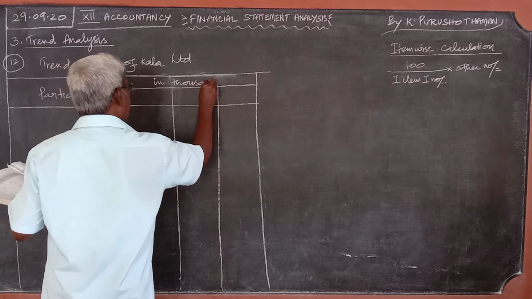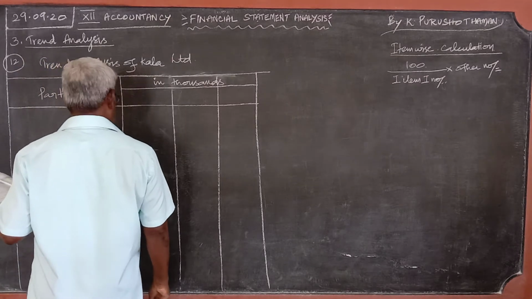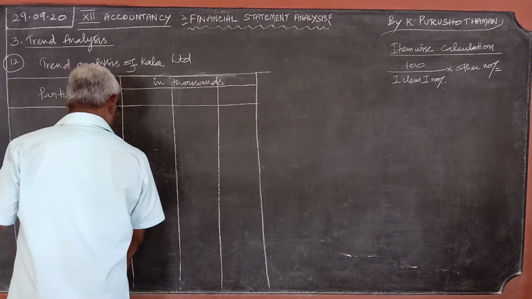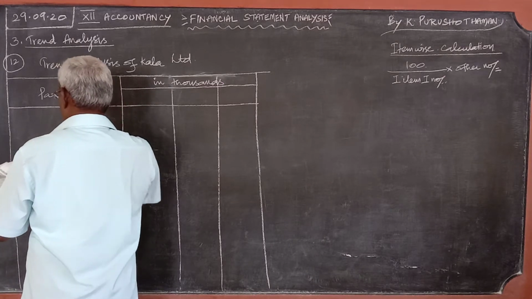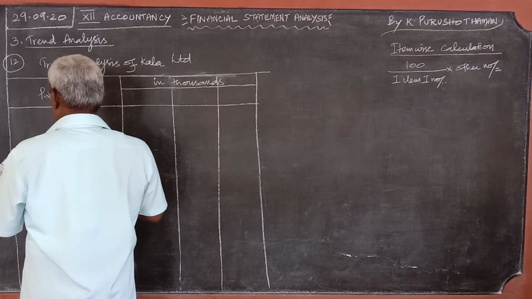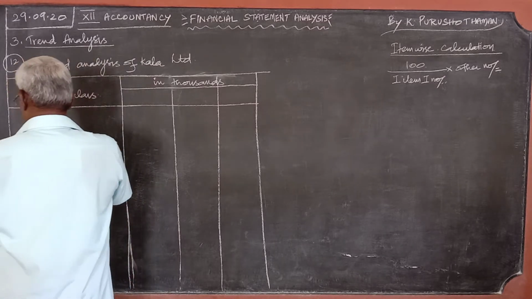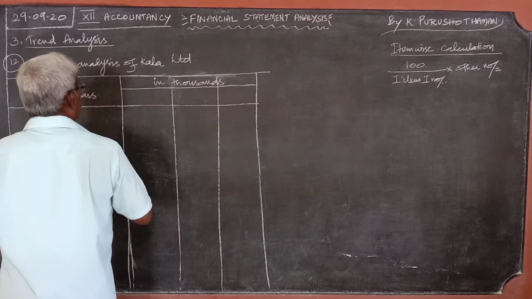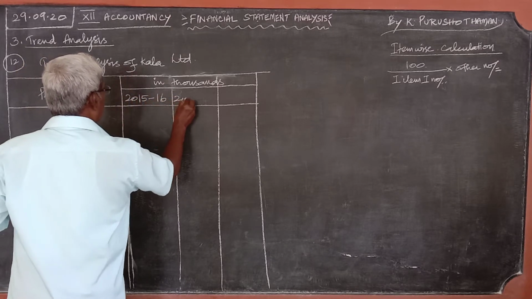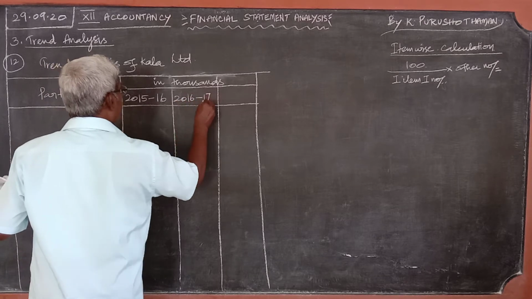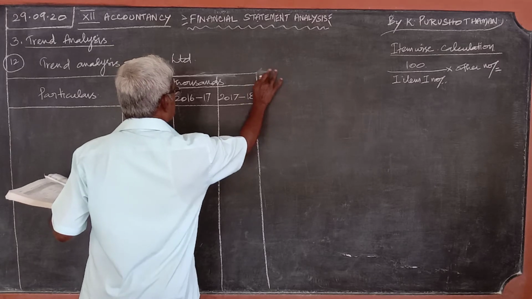If it is in lakhs, we can write in lakhs; if in thousands, we write thousands; if in crores, we write crores. In this problem the instruction is in thousands. So 2015-16, 2016-17, 2017-18.